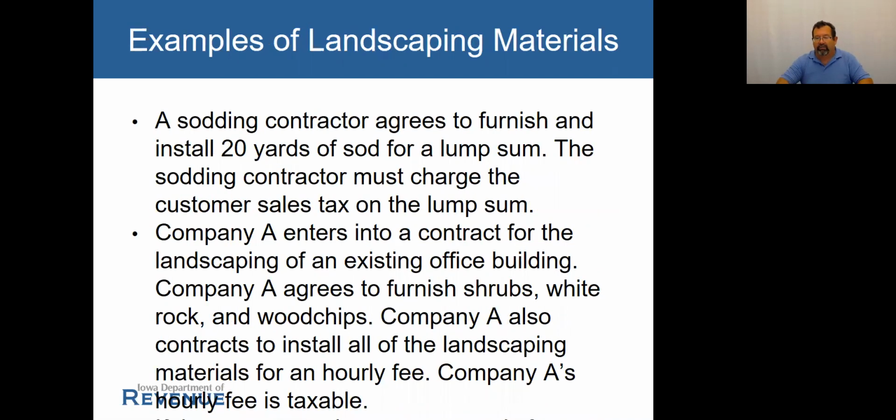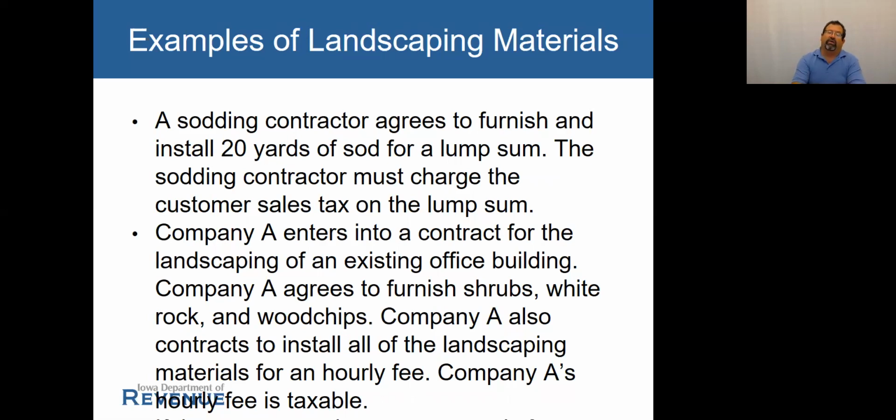So, a sodding contractor, here's an example. A sodding contractor agrees to furnish and install 20 yards of sod for a lump sum. The sodding contractor then must charge the customer sales tax on the lump sum. Another example, Company A enters into a contract for the landscaping of an existing office building.